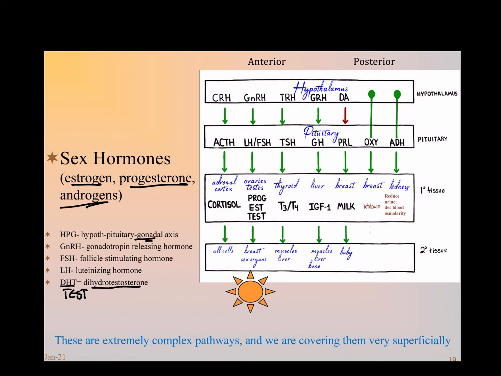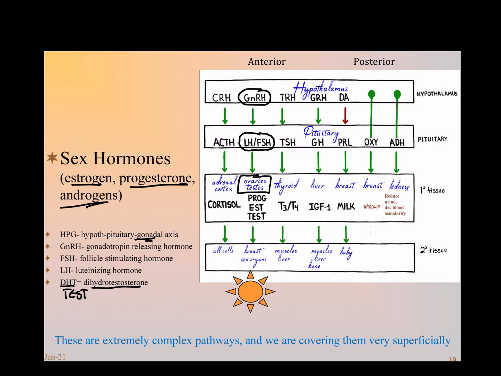And we're going to start with gonadotropin releasing hormone being released from the hypothalamus. That goes to the pituitary, which releases one of two different hormones. So it can release luteinizing hormone or follicle stimulating hormone. Everybody releases both, but they each have a different function. Those are going to be released into the body to the primary tissue, which in this case is either the ovaries or the testes.